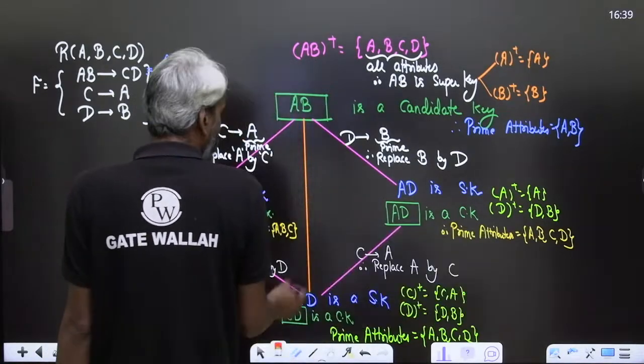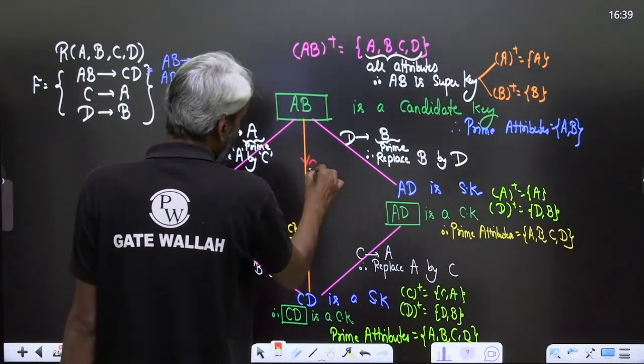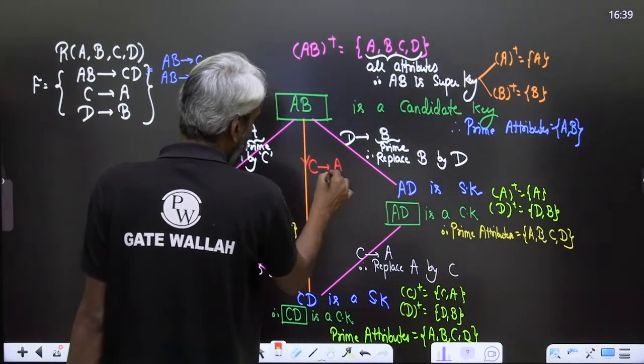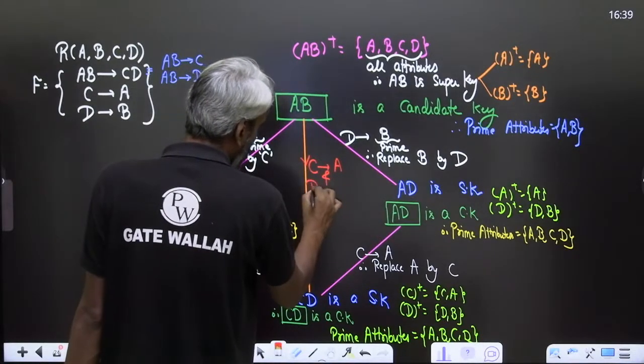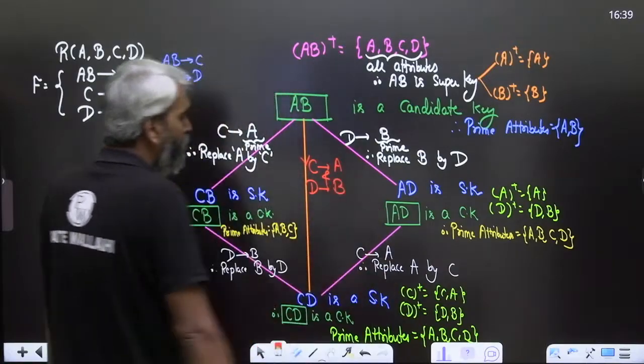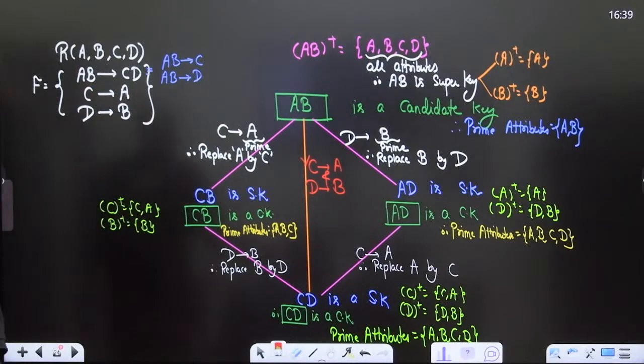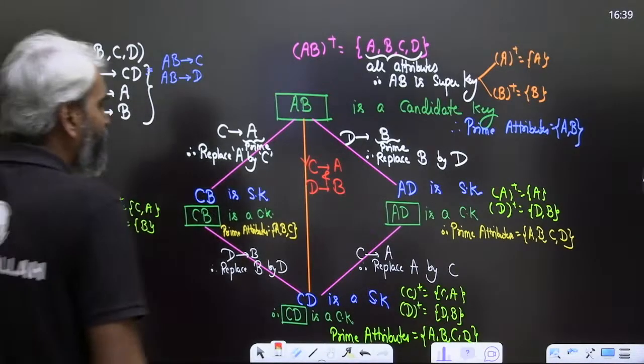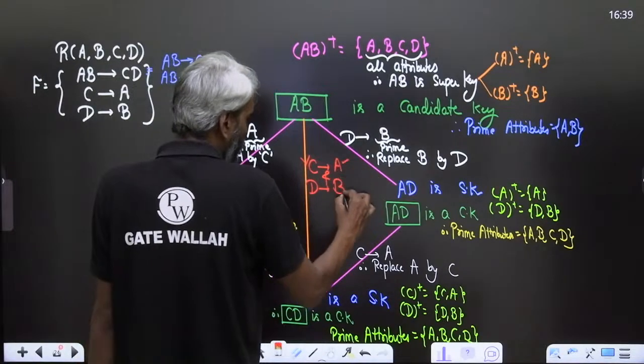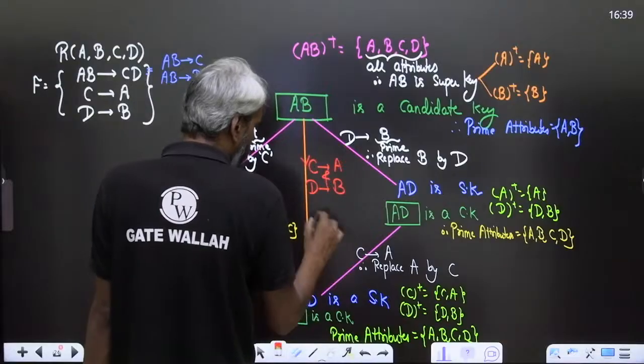At this point we know C implies A and D implies B. So we can replace A and B simultaneously by C and D respectively. C implies A is the prime attribute, D implies B is the prime attribute.